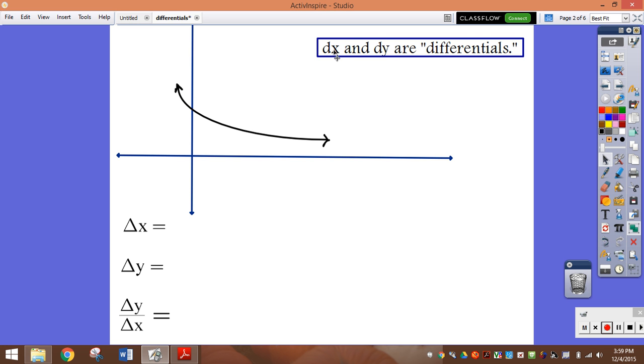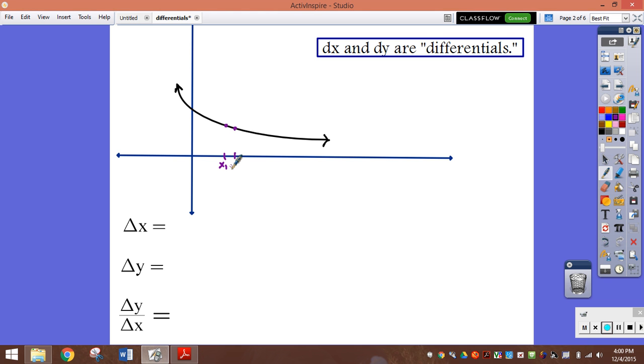And so remember, dx, dy is the same thing as delta x and delta y. It all means the same thing. And delta means change. So the idea is that delta x is the same thing as dx. And so let's say we have some point on our curve here and some point on our curve here. And so delta x would be the same as having your first x value and your second x value subtracted.